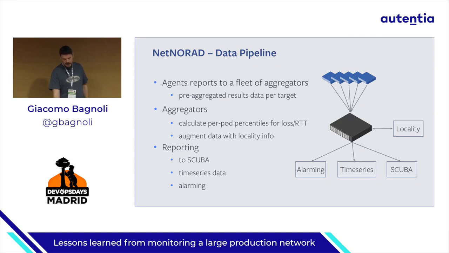We do a bunch of processing in the aggregators, and then we report back 2 time series. We send alarms, both through automation or to ourselves, and we send the data to Scuba, which is our observability tool. There is a talk about Scuba and several blog posts, if you're interested, it's great. Anyway, it's what we use to do debugging most of the time.